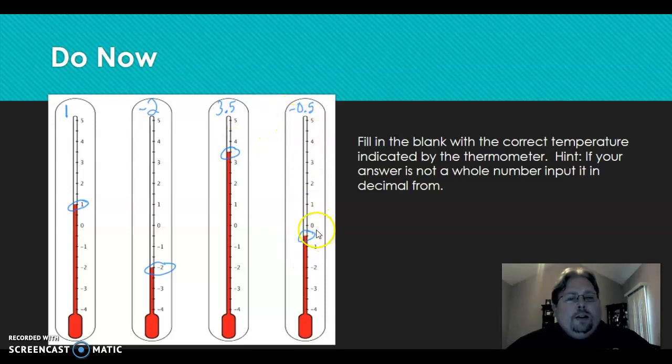When we are dealing with negative numbers, between 0 and -1 is going to be -0.5, just like between 0 and +1 is a positive 0.5. So don't get this confused and put a -1.5 because it's above the -1. You have to remember looking at this, what comes between 0 and -1.